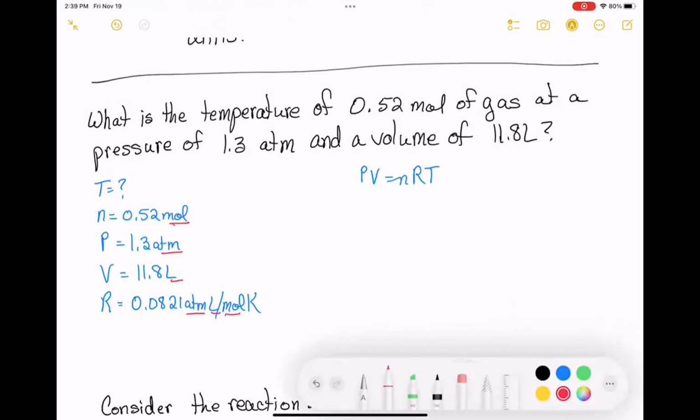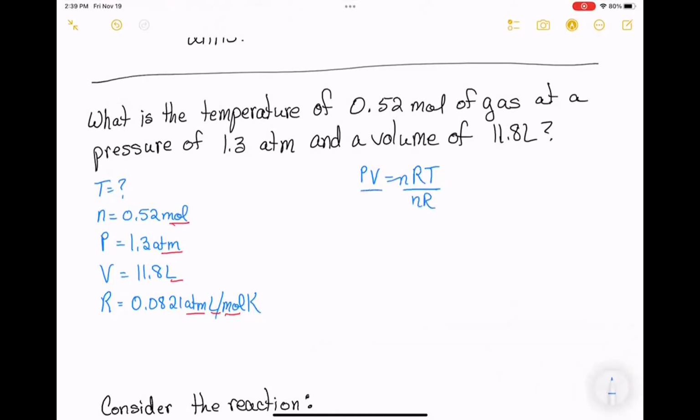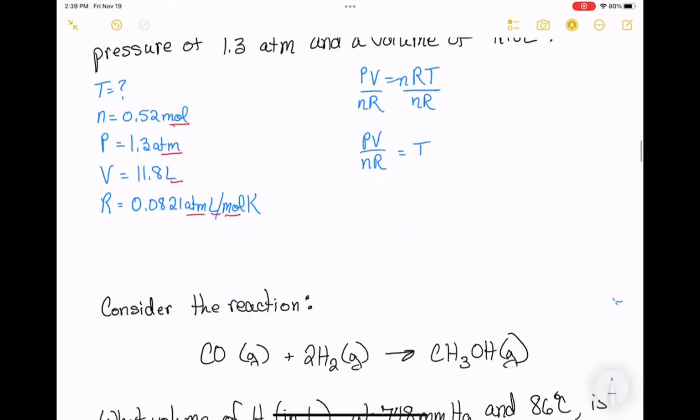Since all my units are matching, I'm going to rearrange this equation to solve for temperature by dividing both sides through by the amount of gas and R. So PV over NR is equal to T. And then it should be a plug and chug affair.